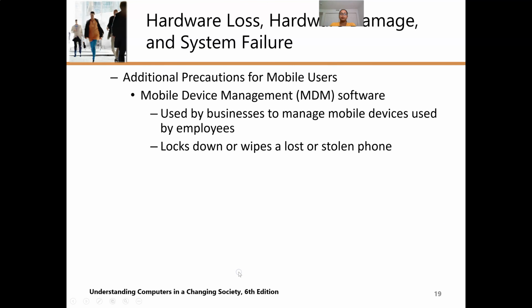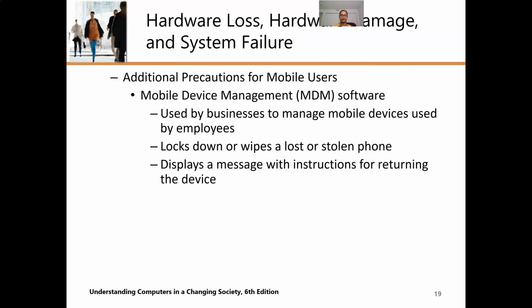So, what additional precautions could be taken for mobile users? There is something called mobile device management software. So, these could be used by businesses to manage the mobile devices of the employees. It also locks down and wipes the data if the device is lost or stolen. It displays a message with instructions for returning the device.